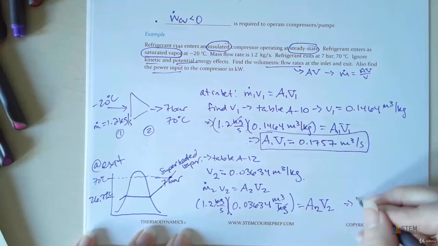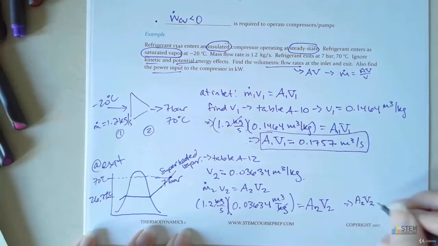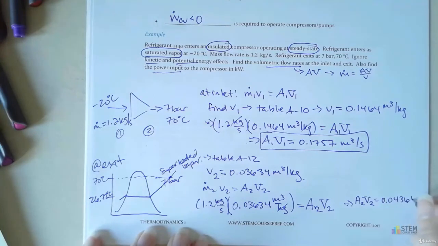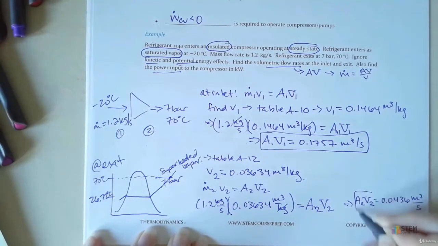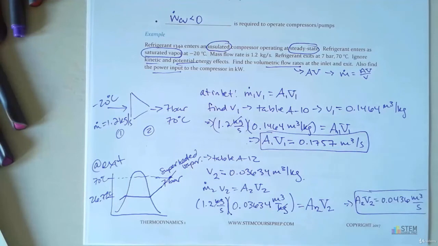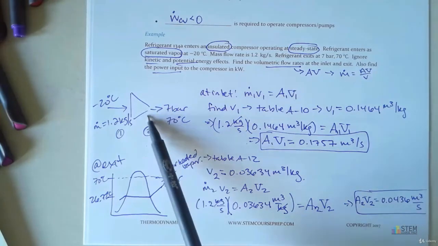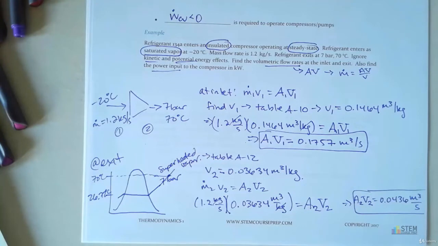You get a volumetric flow rate for the exit of 0.0436 cubic meters per second. All right. So at the exit, we've got 0.0436 cubic meters of refrigerant exiting right here at our exit point of that compressor.